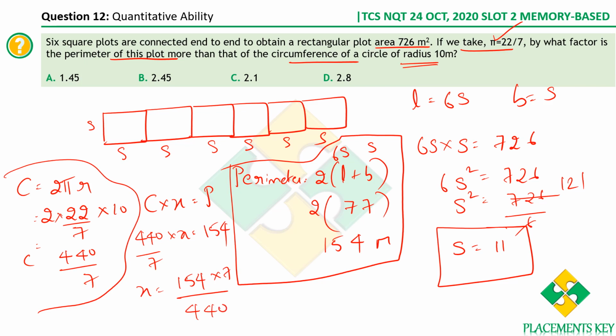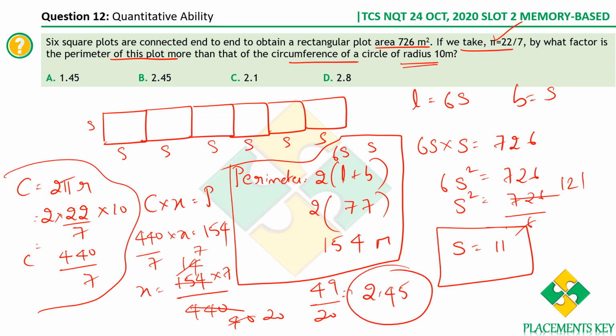Simplifying, you get 49 by 20. 49 by 2 is 24.5, by 10 is 2.45. Therefore, the circumference of the circle should be multiplied by 2.45 to get the perimeter of the rectangle. So the answer is 2.45.